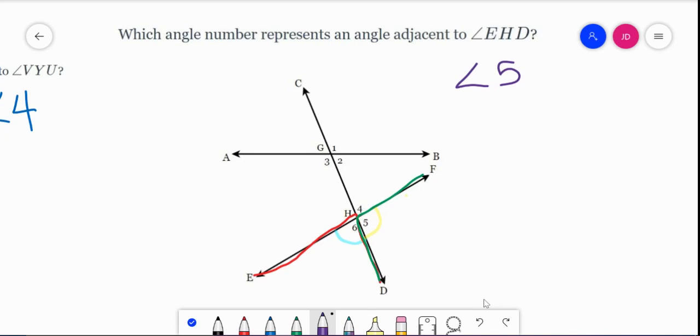And you could also name it with letters. You don't have to. It makes it a lot easier when the angle is labeled in the middle here. But another name for angle 5 is FHD. So in case you need to know the letters or the angle numbers, they can be labeled different ways.